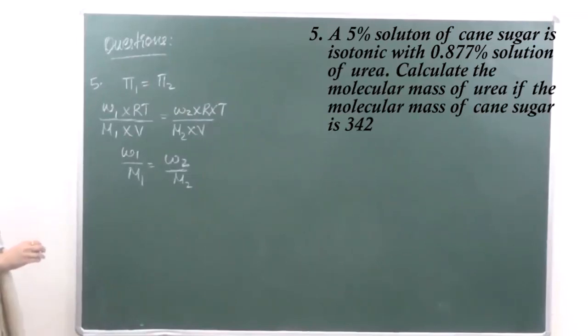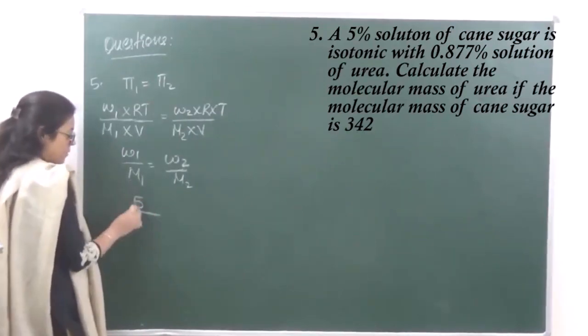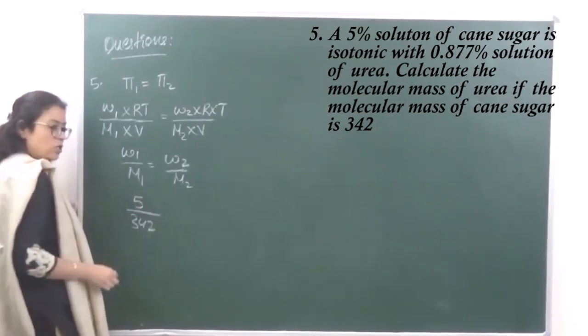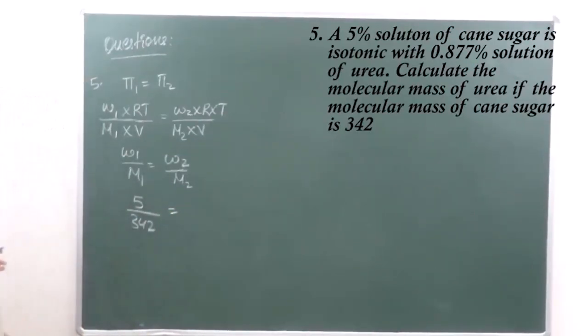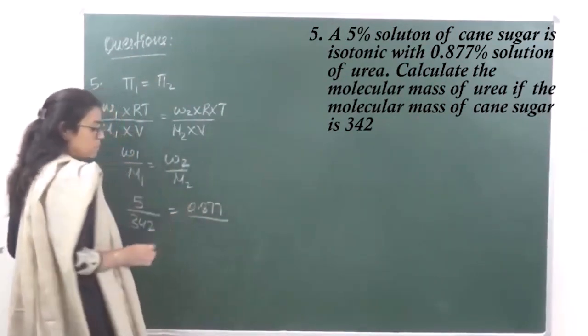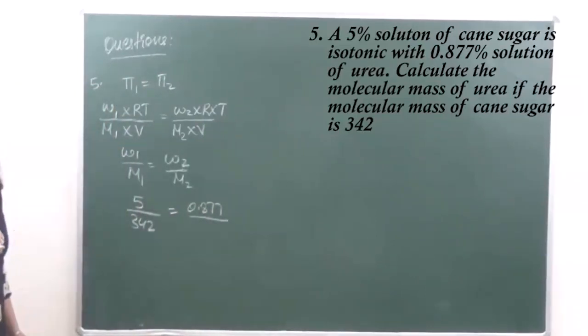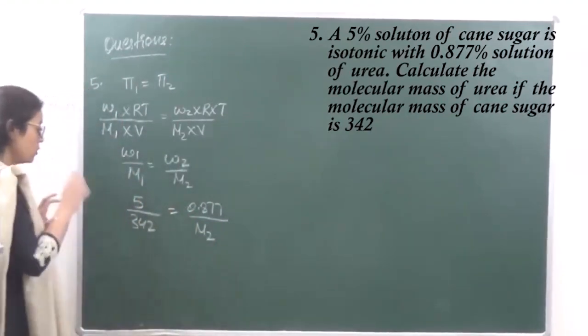W1 given to us in the question is 5%. So we have 5 divided by molar mass 342, that is equal to W2, which is 0.877, upon M2.